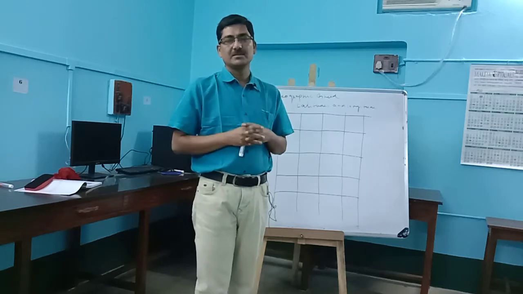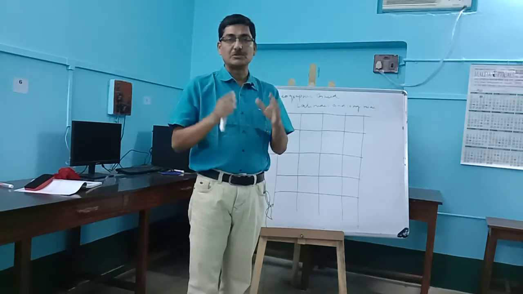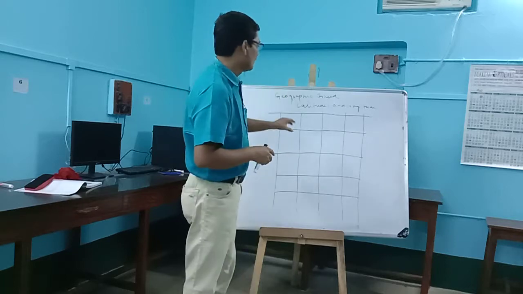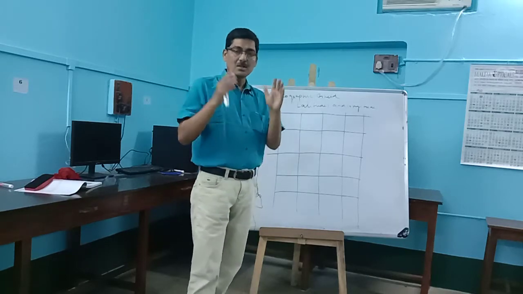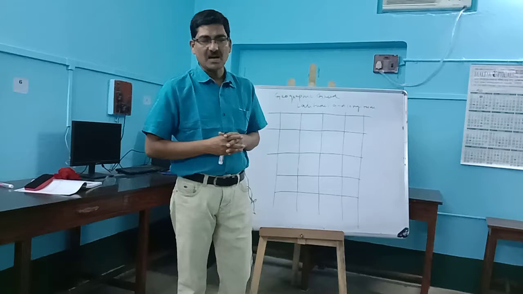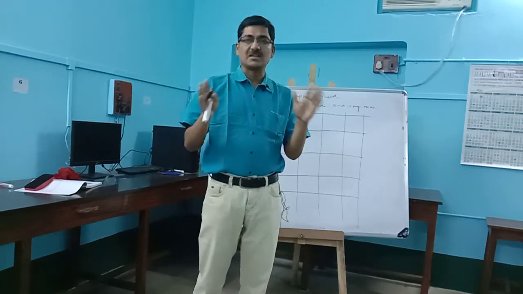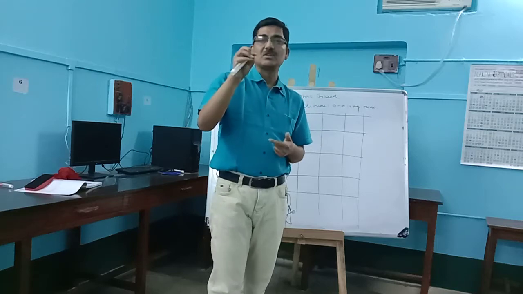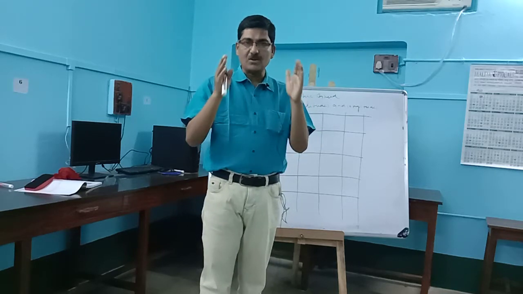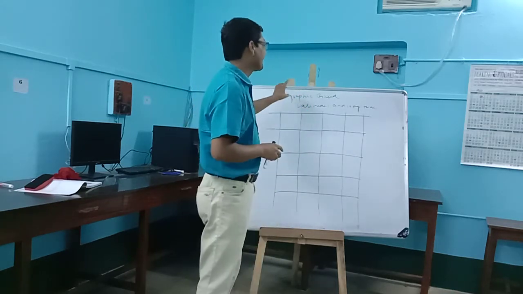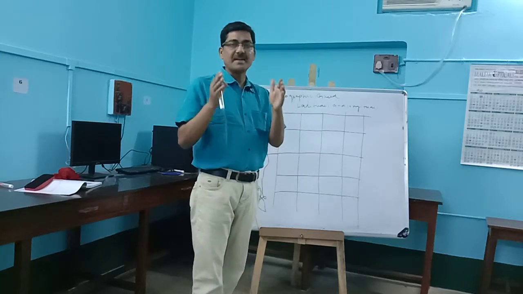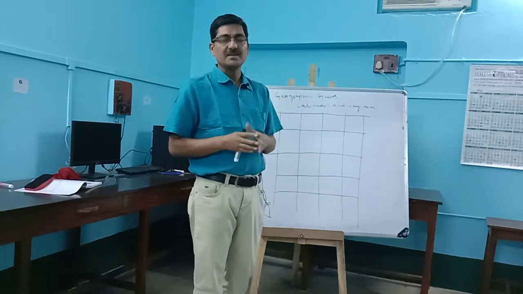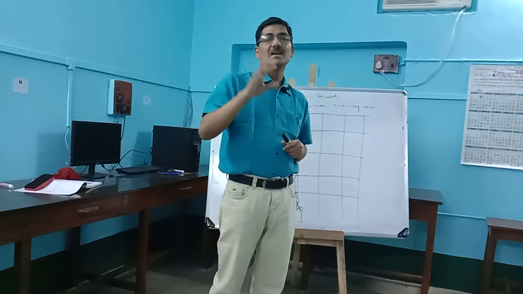That is why we have drawn such lines on the globes, though actually on the earth there is no such line. So in order to locate any place on the earth, we have adopted the grid system, and this system of grids helps us to locate any place on the earth.